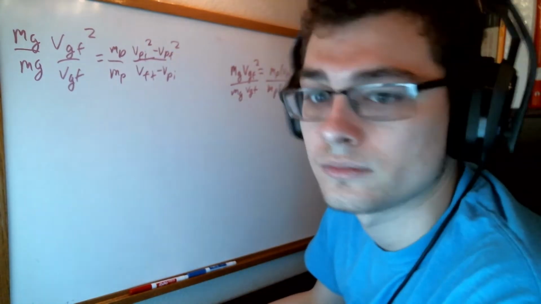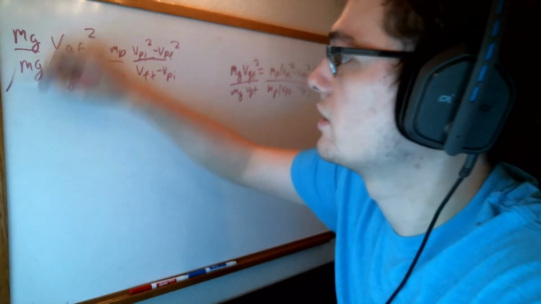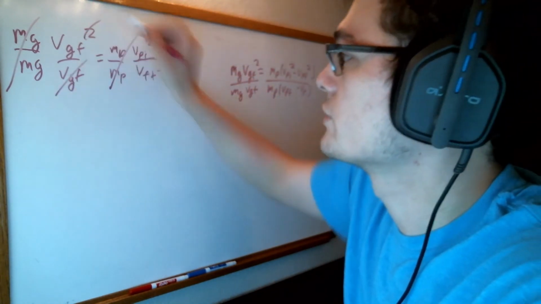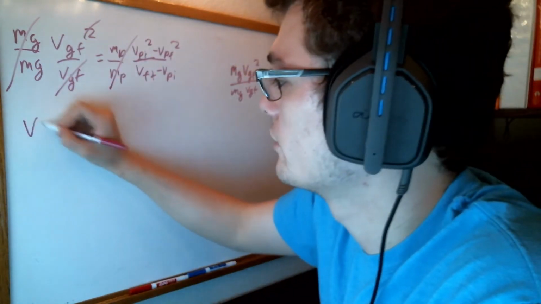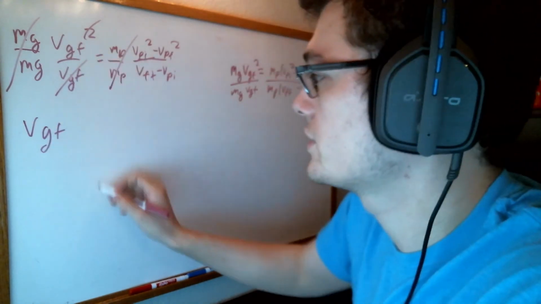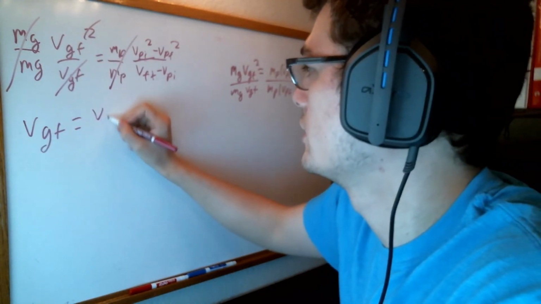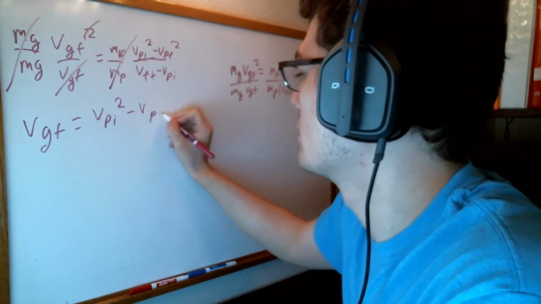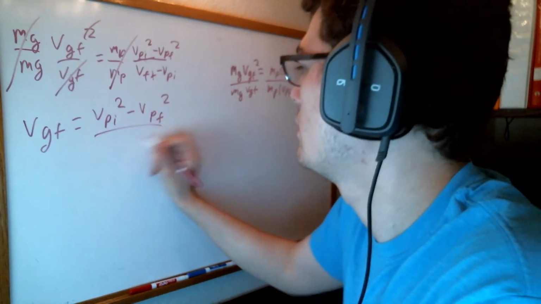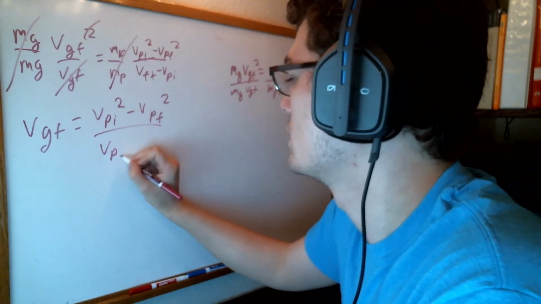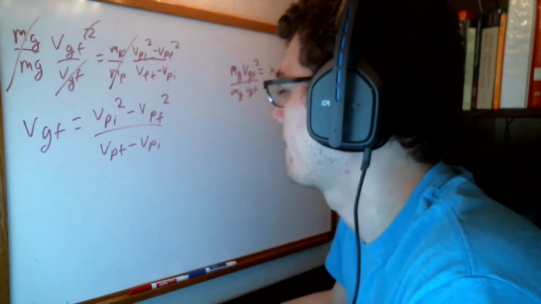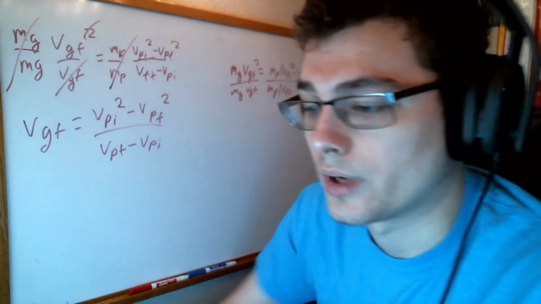Okay, so as you can see, this is 1, this is 1. This cancels with the square, and so we're left with VGF on this side is equal to VPI squared minus VPF squared all over VPF minus VPI. Okay.